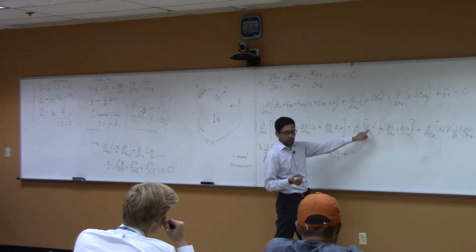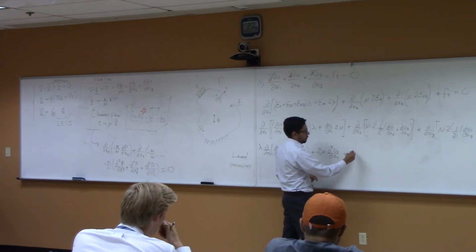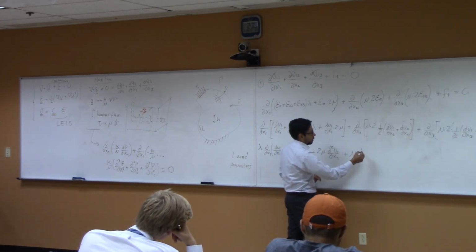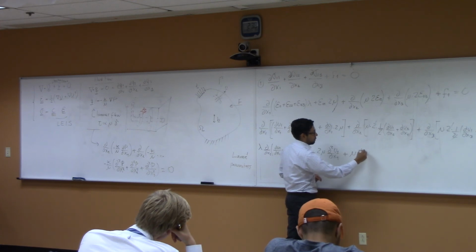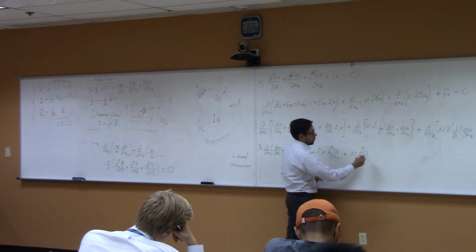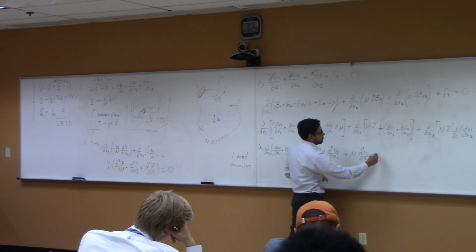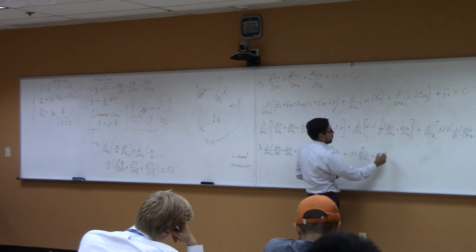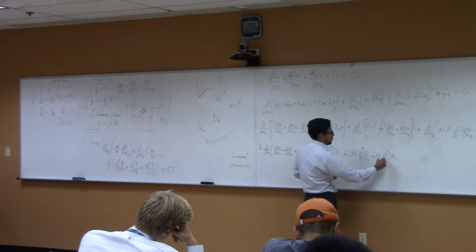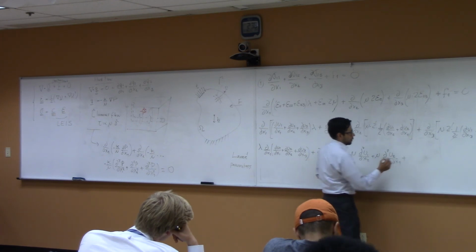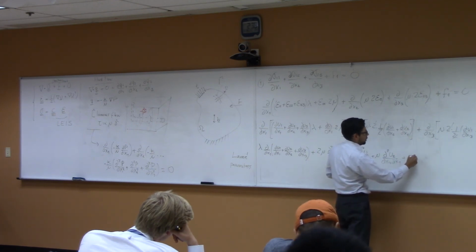Again, I'm going to take the shear modulus to the front, and here I'm going to have a second derivative of u1, but now with respect to x2, and here a cross derivative of du2 dx2 dx1.